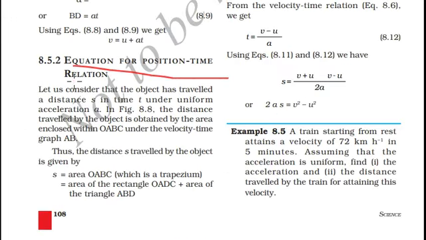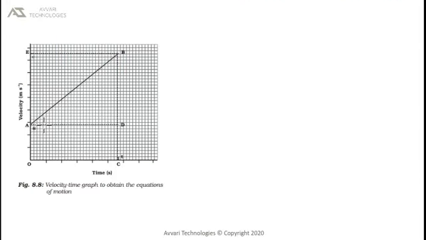Equation for position-time relation. Let us imagine that an object has travelled distance S under time T in a uniform acceleration. The distance travelled by an object is given by the area of this part. Vertical axis times the horizontal axis.